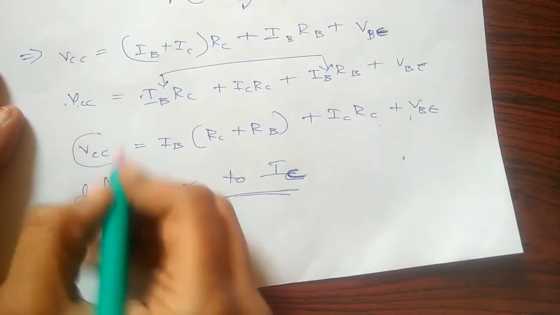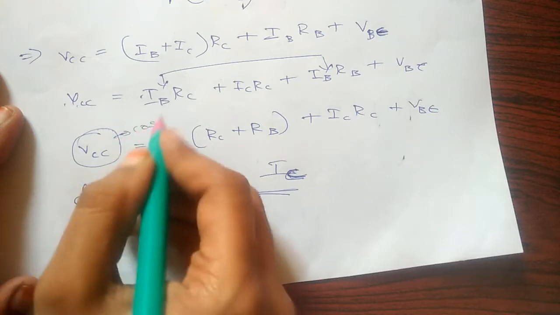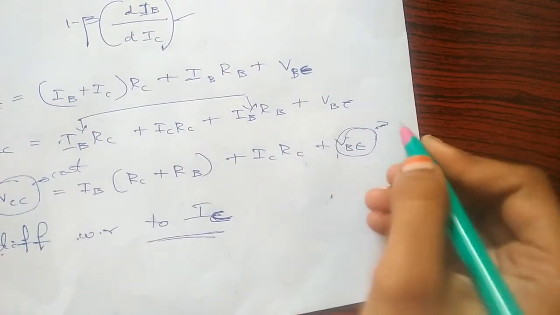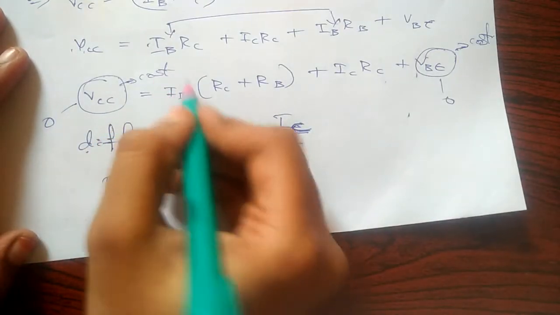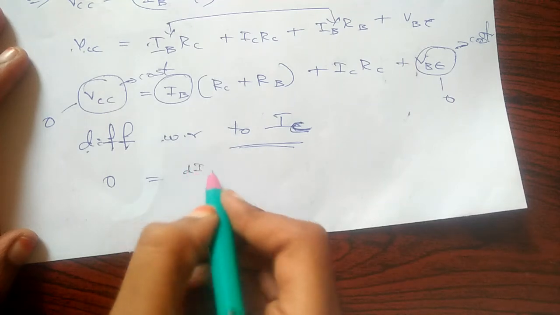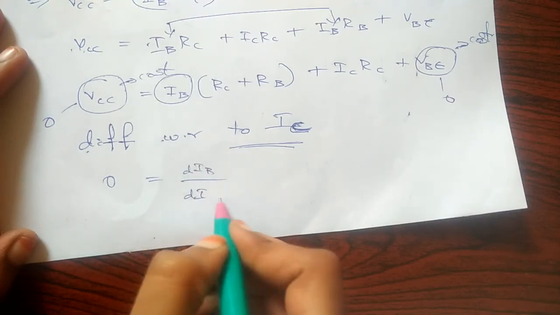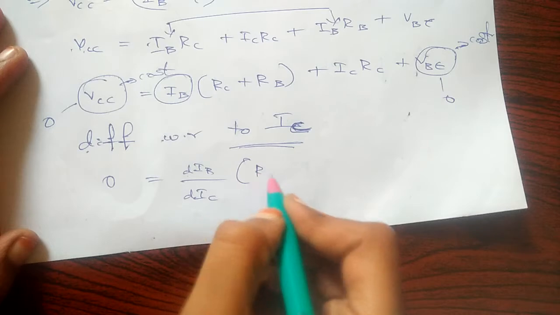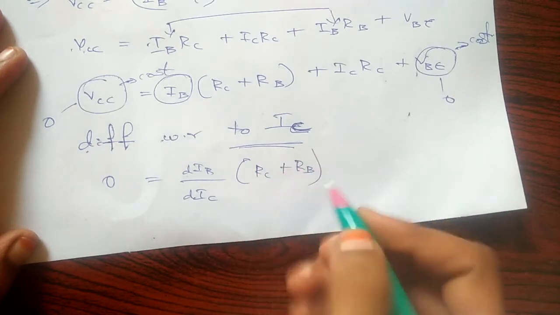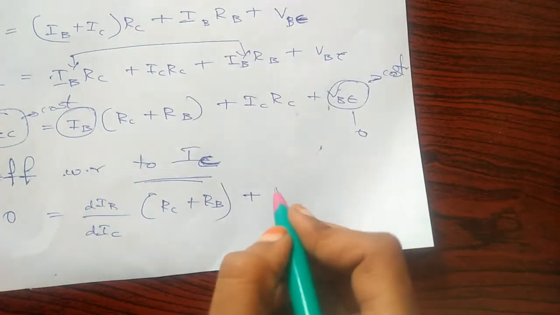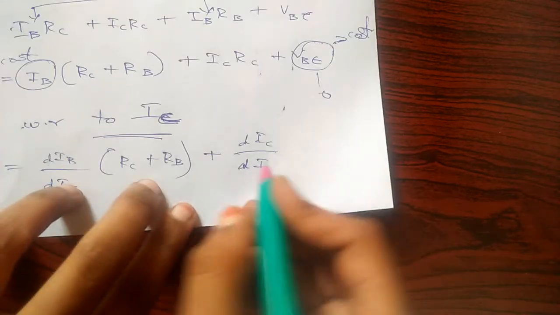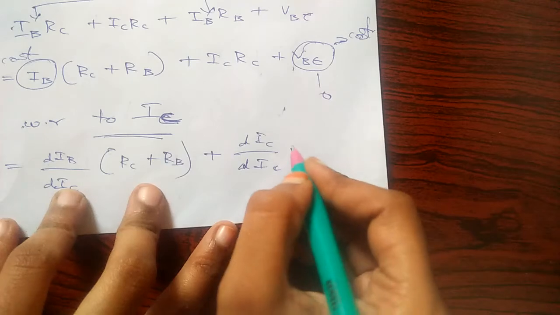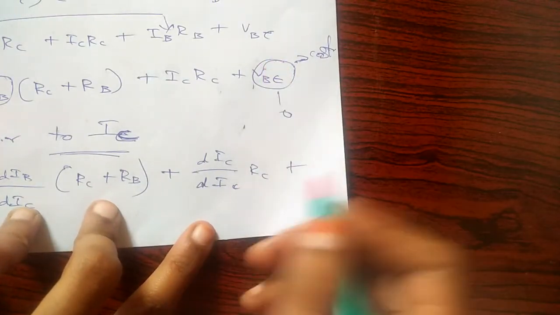Then we get, as VCC is a constant, and VBE is also a constant, the derivative for the constant is 0. Then we get 0 is equal to dIB by dIC into (RC plus RB) plus dIC by dIC into RC.